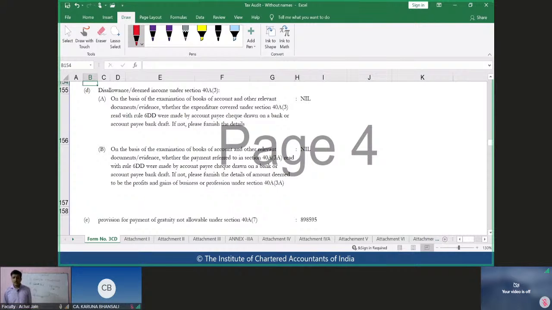In this case, the auditor is required to examine the books of accounts and other relevant documents to check whether any expenditure covered under section 40A subsection 3 read with rule 6DD was made by account payee cheque drawn on a bank or account payee bank draft.